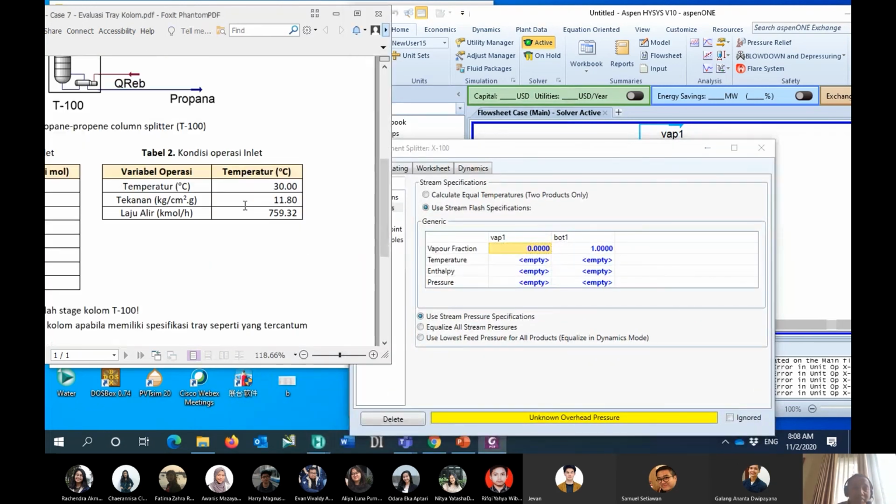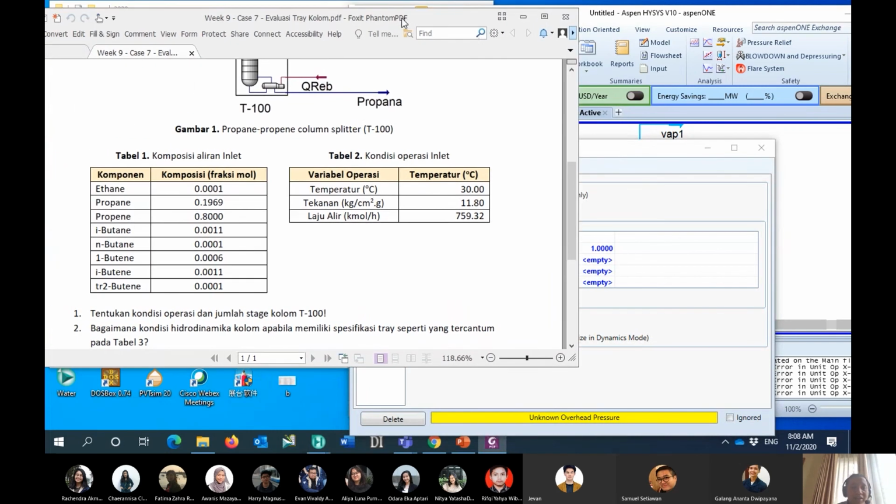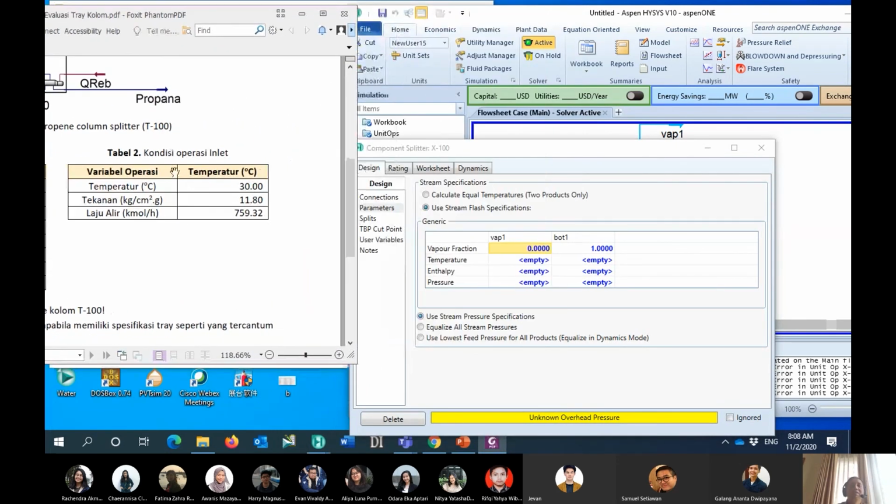In terms of the pressure, I will look at the pressure of this operation. We have 11.8. So the pressure at the bottom will be slightly lower than the inlet pressure, because if it's higher pressure, the liquid cannot go to the bottom.